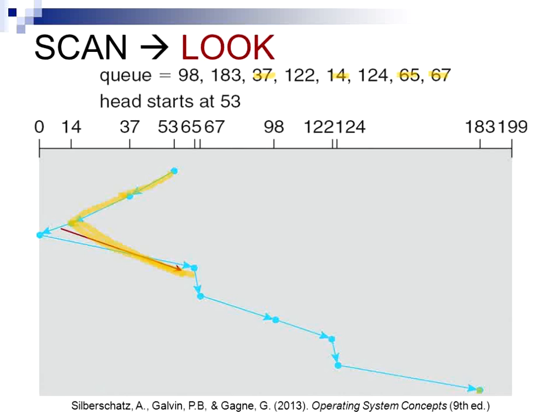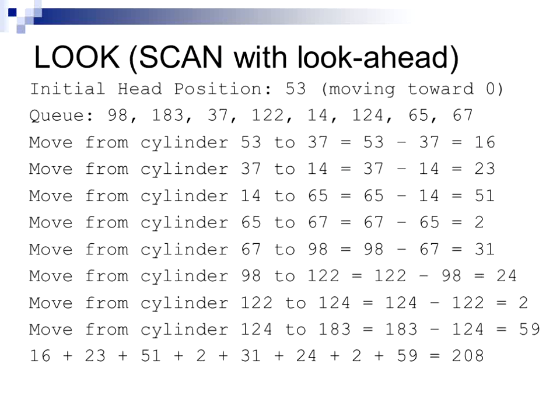So if 183 was the highest number, it would turn around immediately and start going in the other direction once it hit 183. It wouldn't go all the way out to go between 183 and 199. So look is very similar to scan, except you don't have those little extra movements to get to the actual end of the platter.